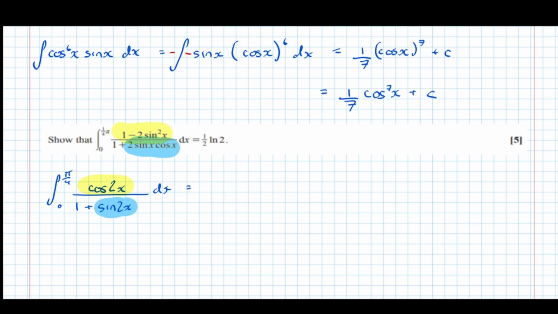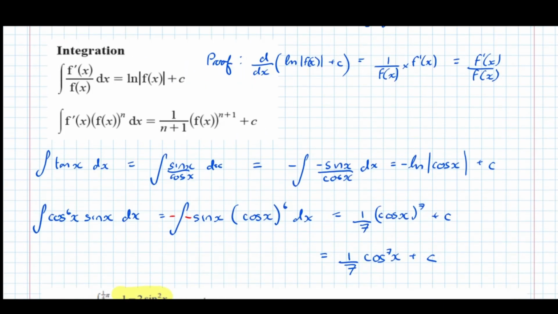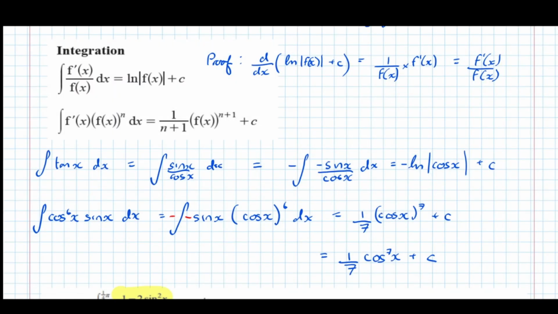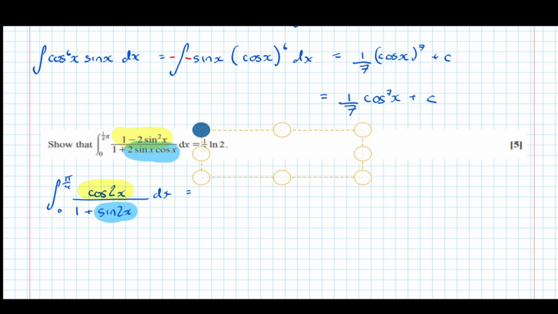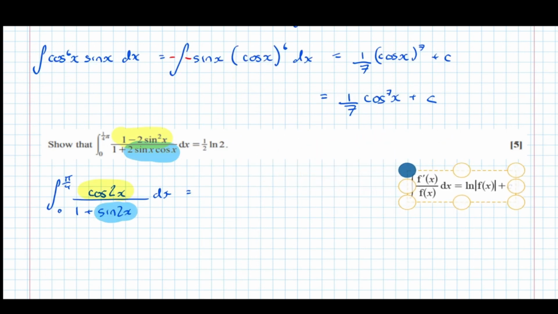And notice that it's almost but not quite of this form here. Using that result, which again on OCR you're given, and you need to learn for the other exam boards, the differential of the bottom is 2 cos of 2x.